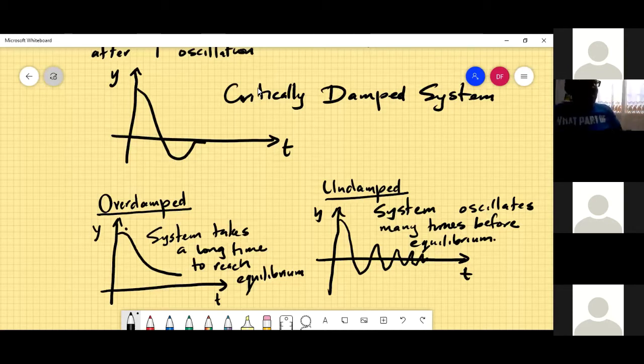You can buy an Audi Q8 and it drops in a pothole down the road. It's supposed to drop one time and come back to its equilibrium position. So all of the shocks inside of that system have to be critically damped, right? So they have to fine tune those type of things. That's why you have to pay more money.